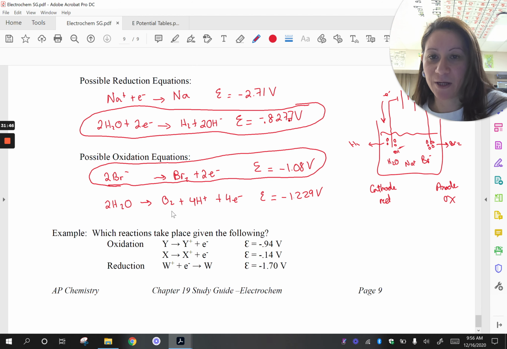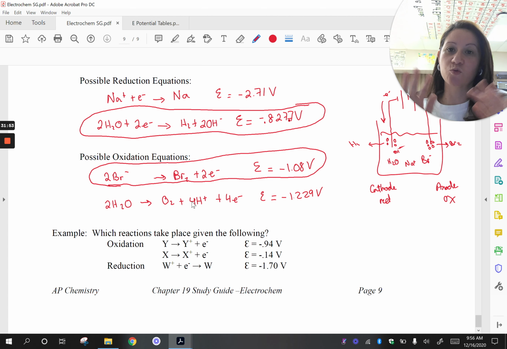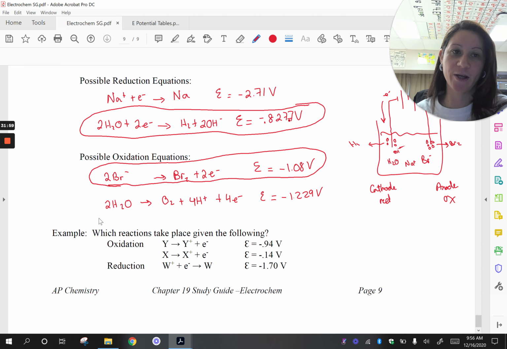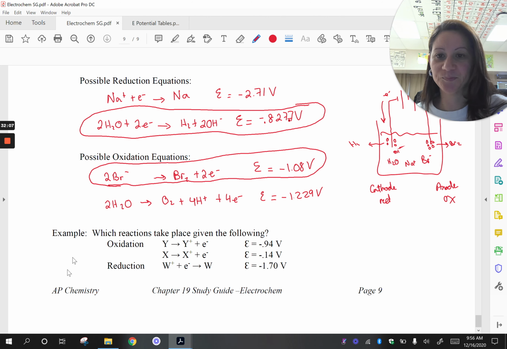If this was happening, then you would see acid forming. So if you do just water by itself, so that this reaction occurs and this reaction occurs, that's actually pretty cool because you'll see bubbles, and you'll see that one is acidic and one is basic if you add an indicator in there.